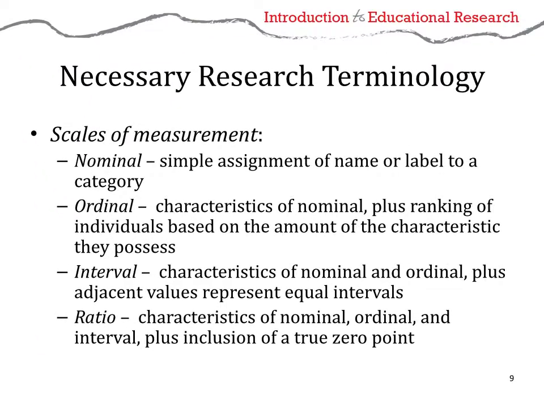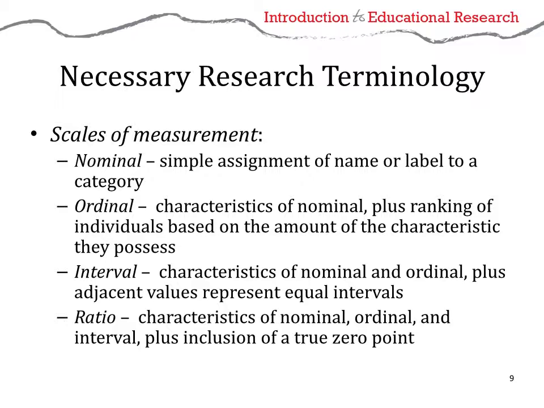So we're going to look at scales of measurement. You may have learned about this before. We're going to do a brief review here. So we have nominal, ordinal, interval, and ratio. The way to think about nominal is the word nominal comes from name, a simple assignment of a name or label to a category. Ordinal, you can think about this as order, right?